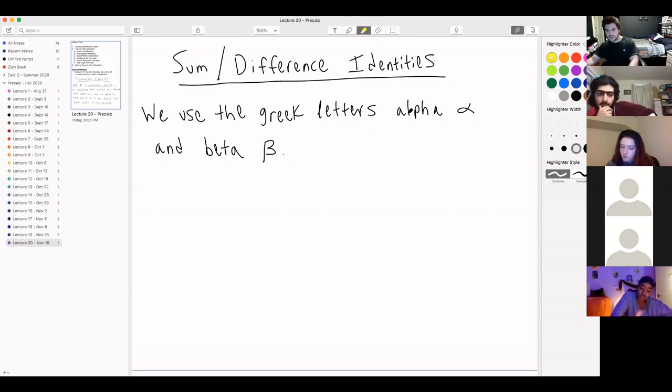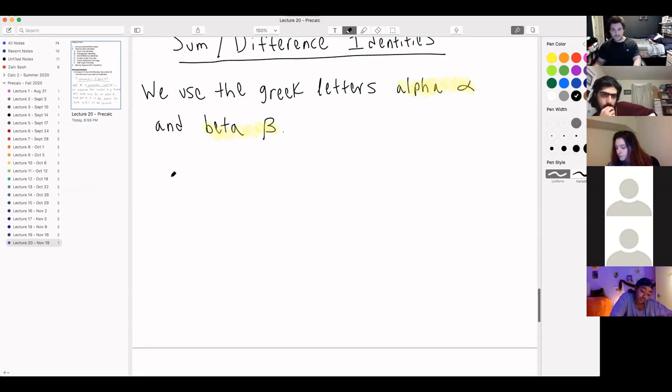This is more of a historic, conventional thing, what mathematicians have been doing for years. For some reason, in this scenario, we use the Greek letters alpha and beta. Okay, good. So let's start now.